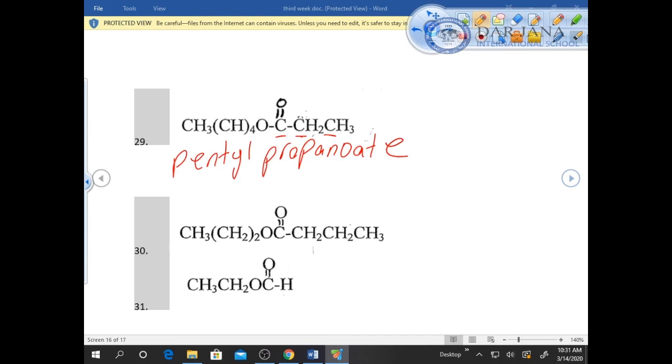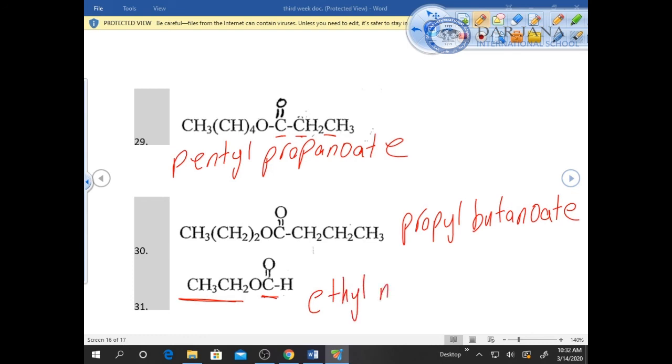Question number 30 is, this molecule is called propyl butanoate. The last one, number 31, is ethyl methanoate, because in the acid part there is only 1 carbon, so it will be methanoate, and in the alcohol part there are 2 carbon atoms, it will be ethyl. So ethyl methanoate.